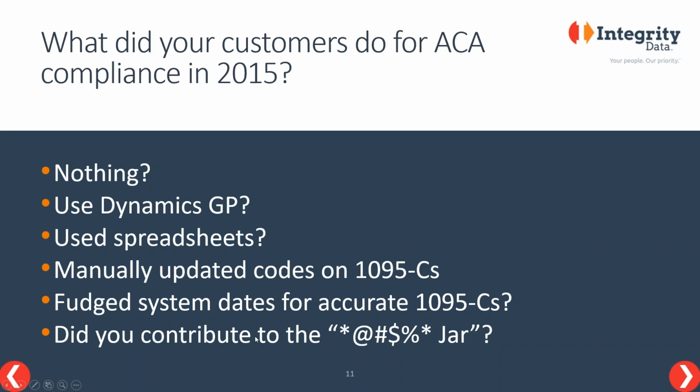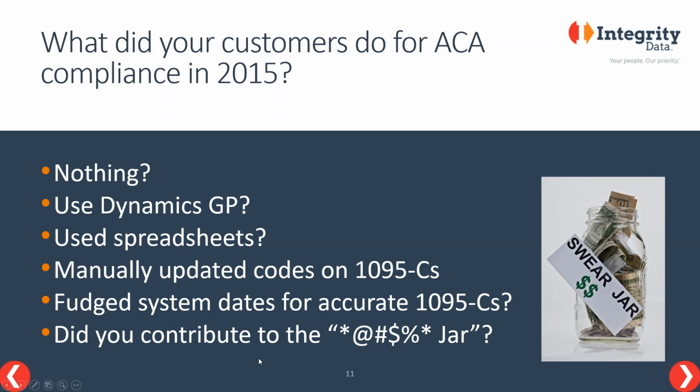And the question most commonly answered in the affirmative: did you contribute to the good old swear jar? That demonstrates how frustrating this process was because it was new. It's not new anymore, but you might still have a cruddy process in place which is going to continue to take contributions from your pocket and put them in the swear jar.